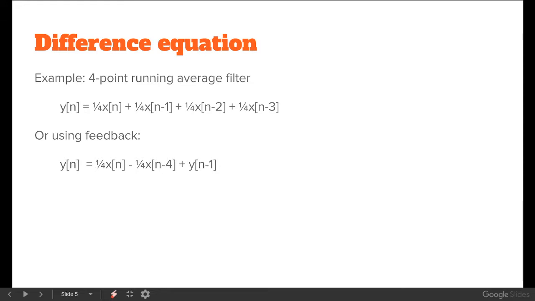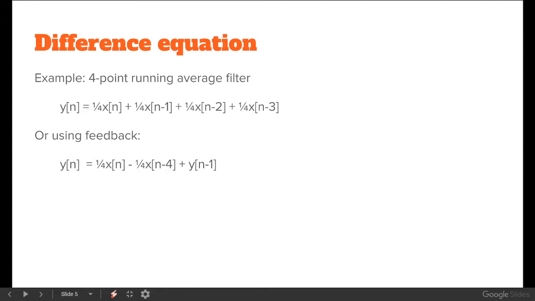So what is the difference between the first one and the second one? For me, it seems that there are fewer calculations. It's more efficient to calculate like that. Think of, for example, a 100 point running average. That will always have that number n there.